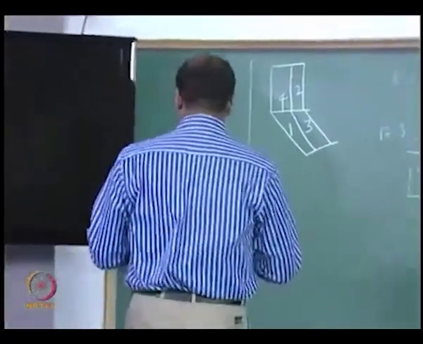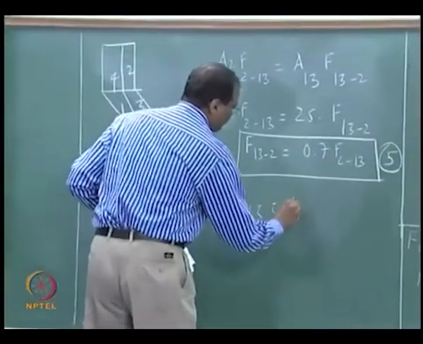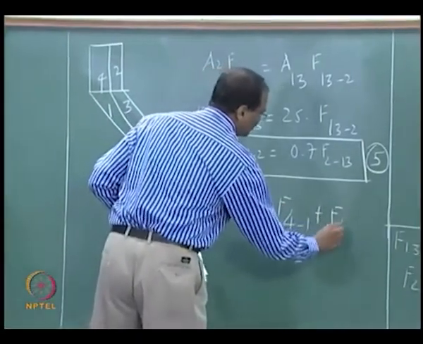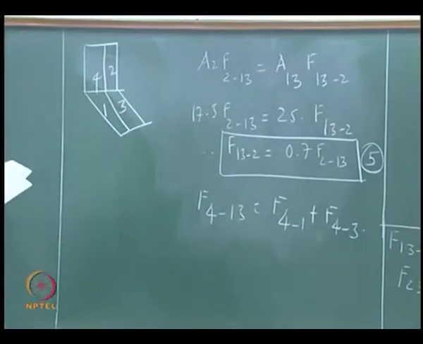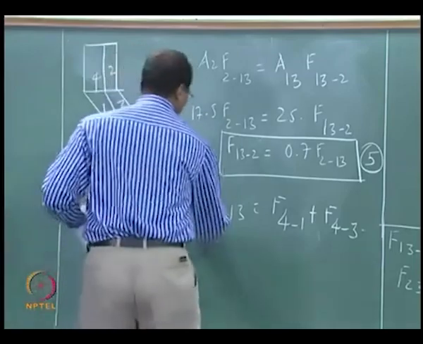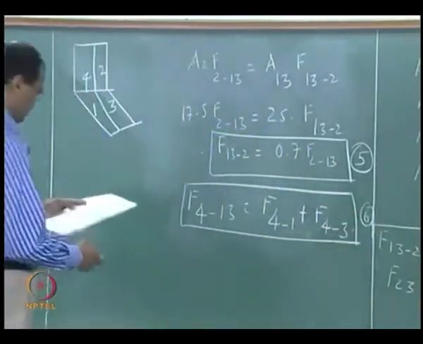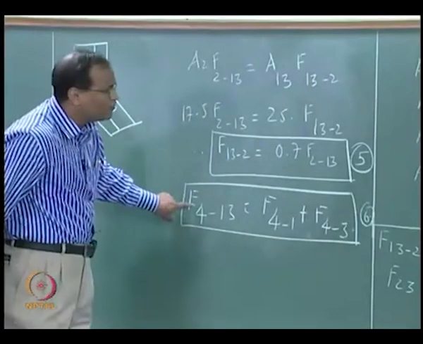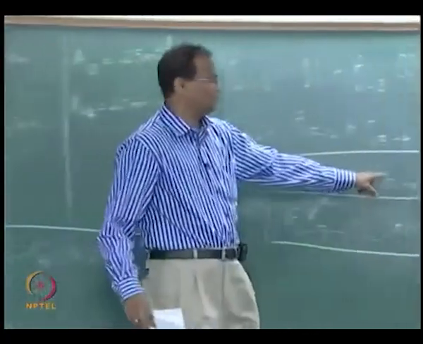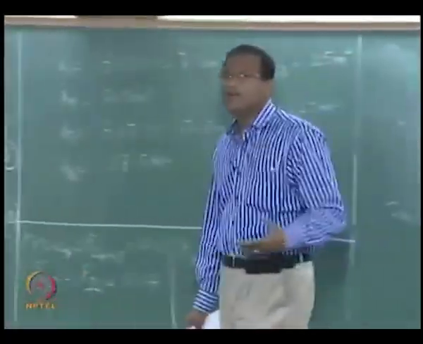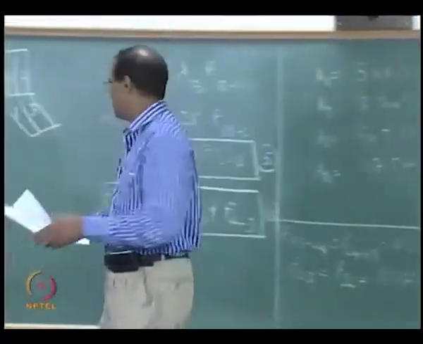Okay. Now F41 to 3 is equal to F4 to 1 plus F4 to 3, correct? And this is 6. As far as F4 to 1 3 is concerned, I am having F13 to 4 here, and the relationship between F13 to 4 and F4 to 1 3 is so straightforward, the reciprocal rule. Okay.